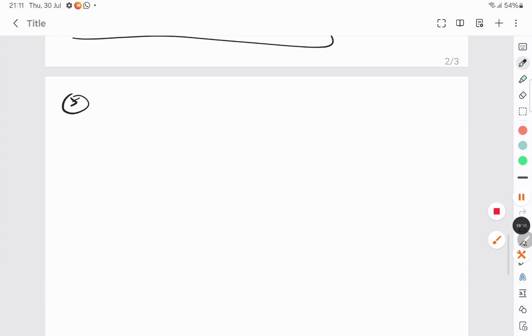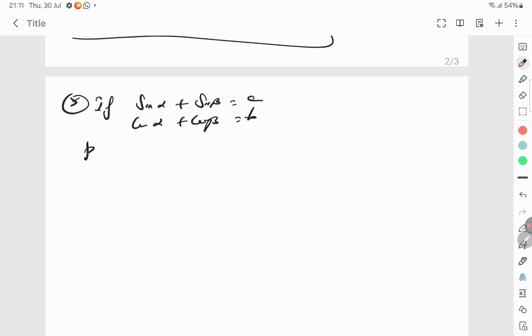The fifth question is this: if sine alpha plus sine beta is equal to A, cos alpha plus cos beta is equal to B, prove that cos of (alpha plus beta) is (B square minus A square) by (B square plus A square). I would do the sum using right hand side.